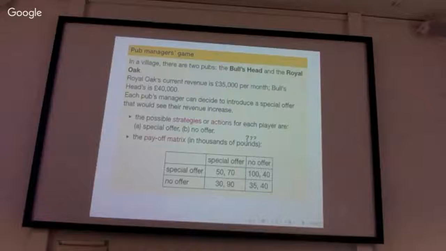You can kind of say in thousands of pounds, because for businesses, having more money is always preferable to having less money. But it's dubious. So let's just think this is the payoff matrix, which it is.